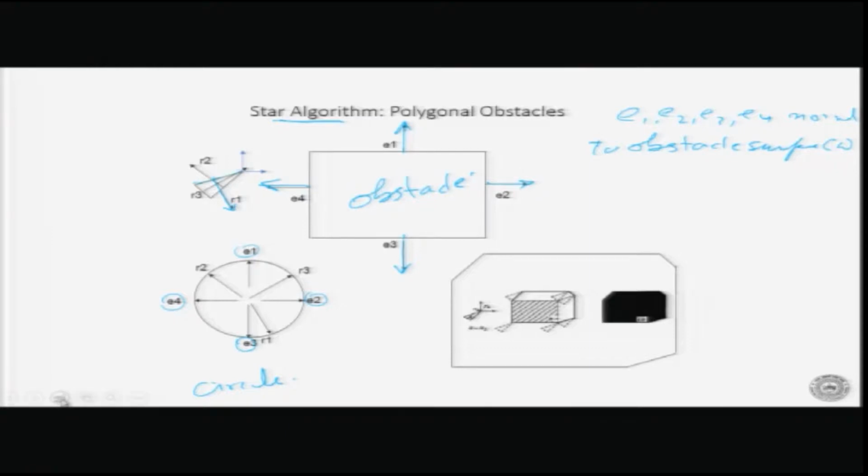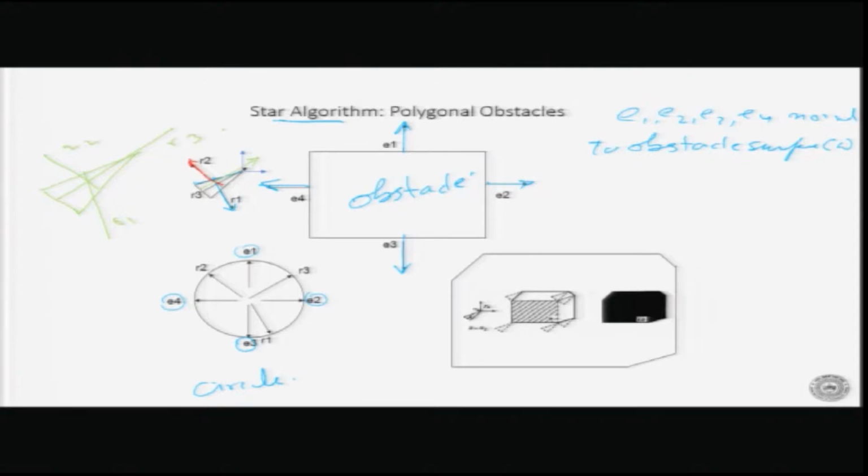Next I am going to draw a normal corresponding to the second surface, which is R2, which is here. Then I am going to draw another one corresponding to the third one. So, there are 3 sides of this triangular robot. I draw one normal here, this one is normal corresponding to this, and this is normal corresponding to this. So, it is R1, R2 and R3.